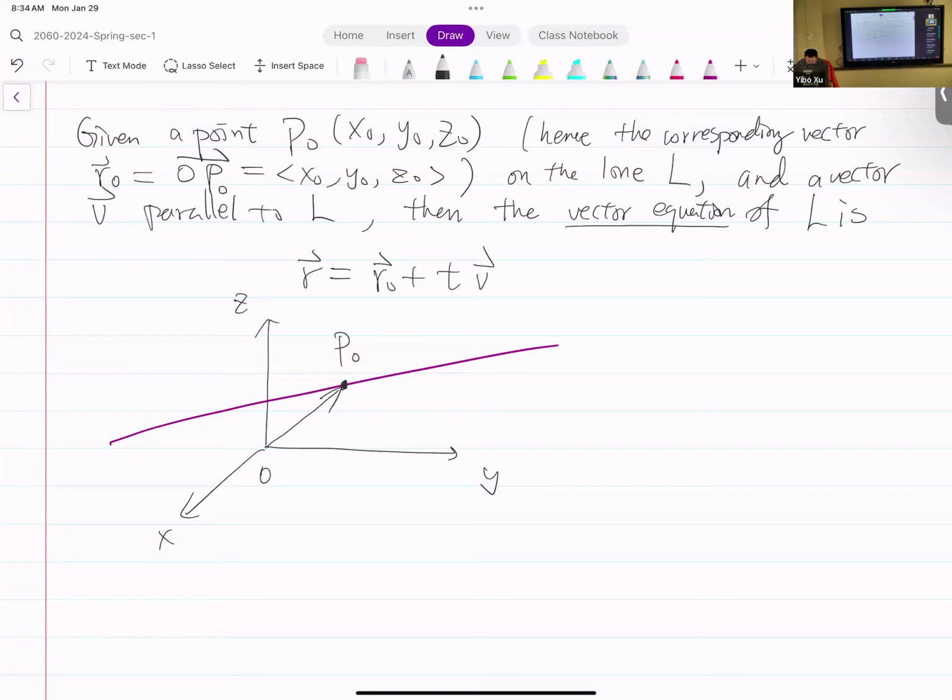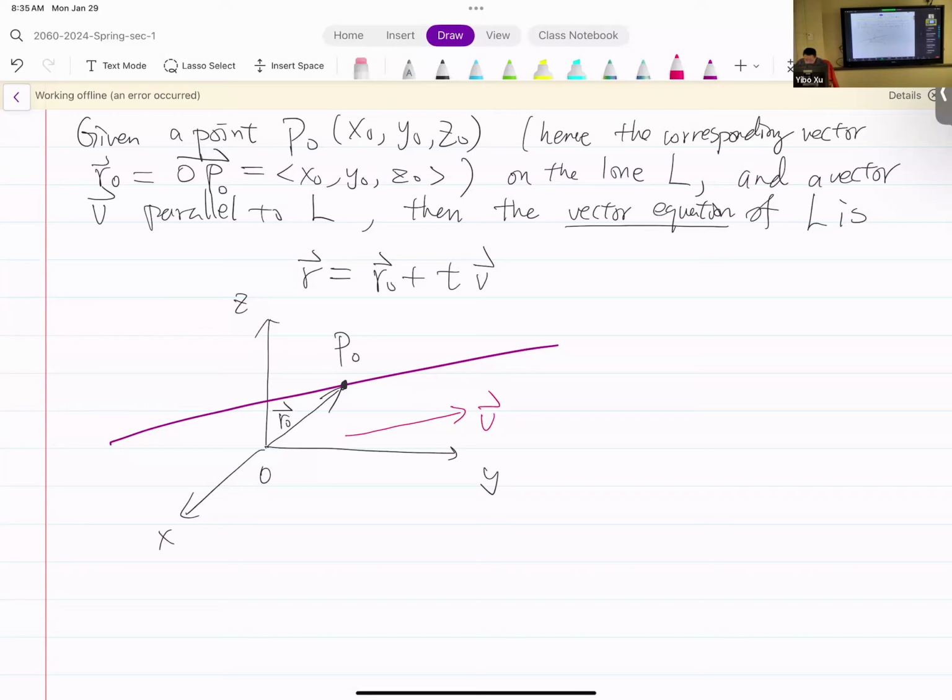This is the vector r0 that we start with. And v is just the direction that's parallel to the purple line, a vector like this. In fact, for v the magnitude doesn't matter that much; as long as it's non-zero and along the direction of the purple line, it's going to be good.